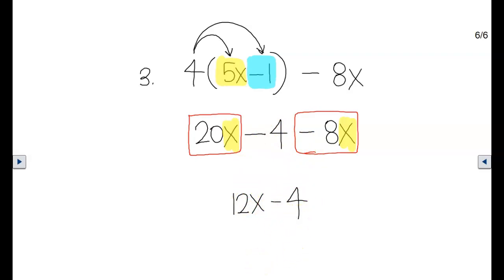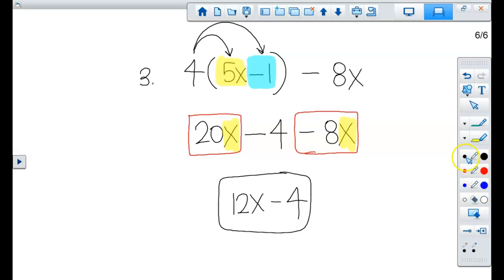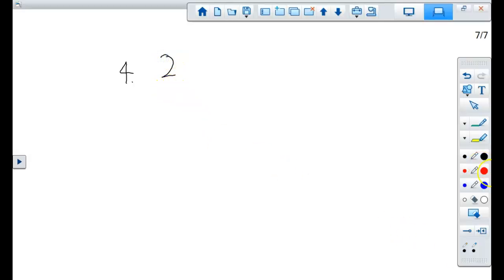So we just bring it down into the answer. So for this problem, after I do both steps, distribute, combine like terms, I end up with 12x minus 4 as my answer. So these problems you're doing today, you're not really learning anything new. You are taking the two things that we've worked on for the last couple of weeks and combining them.